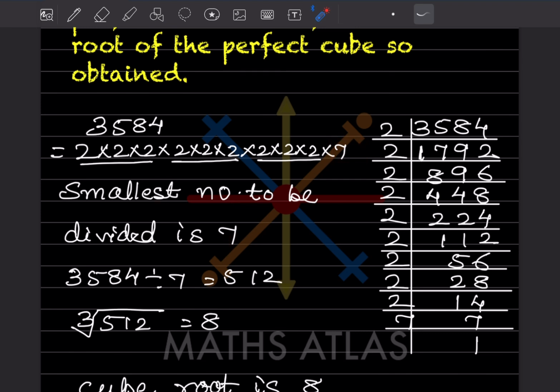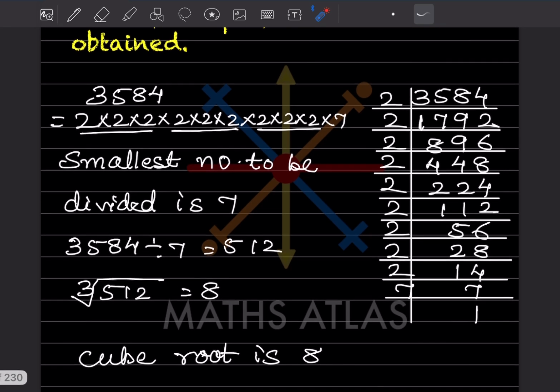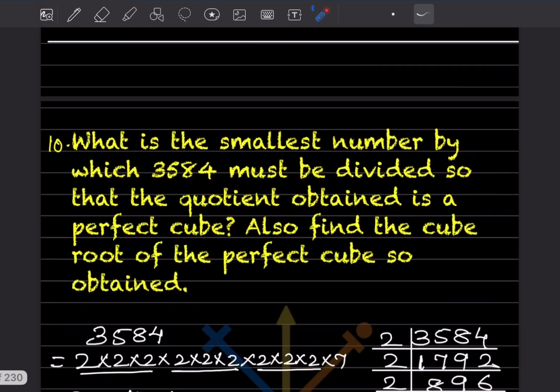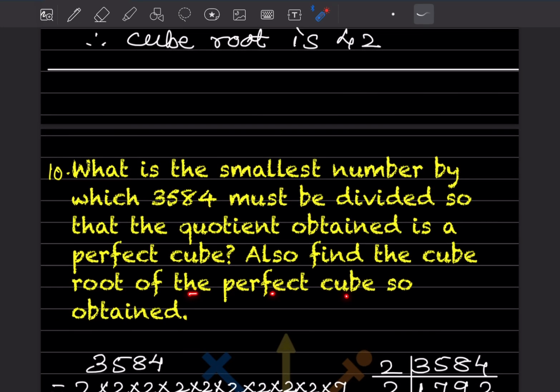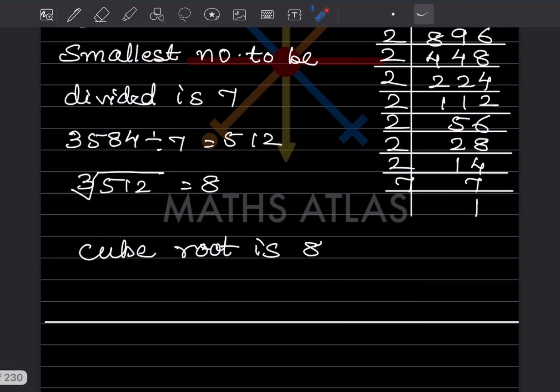When you divide 3584 by 7, you will get 512. When you take the cube root of 512, that is going to be 8. You can see 8 into 8 into 8 is 512. So the cube root is 8. They said find the cube root of the perfect cube so obtained, so this is the answer.